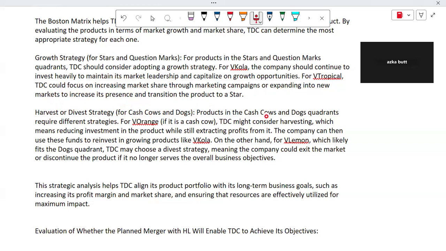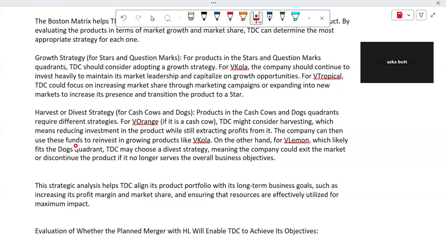So products in cash cow and dog quadrants require different strategies. For V Orange, if it is a cash cow, TDC might consider harvesting, which means reducing investment in the product while still extracting profit from it. If you haven't learned the BCG matrix, you cannot understand this question. So these past papers are only for those students who have already covered their whole book.